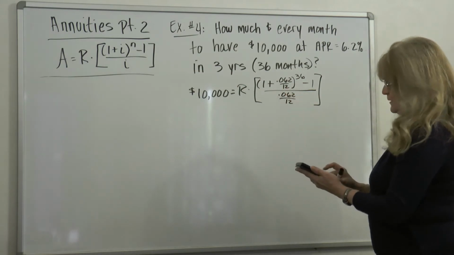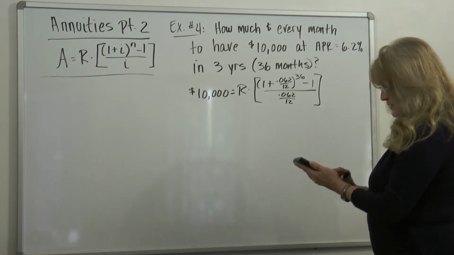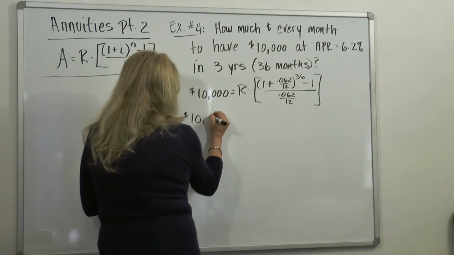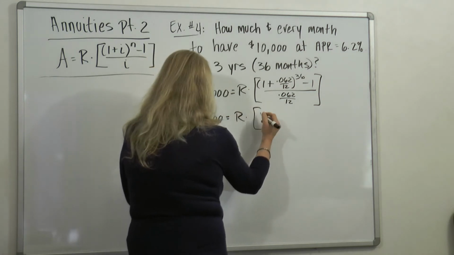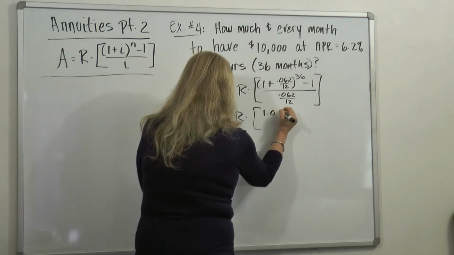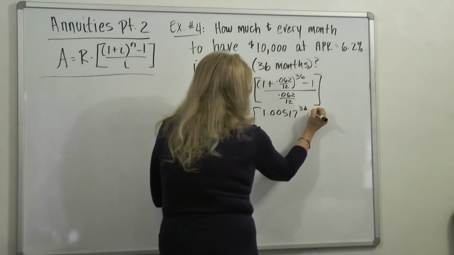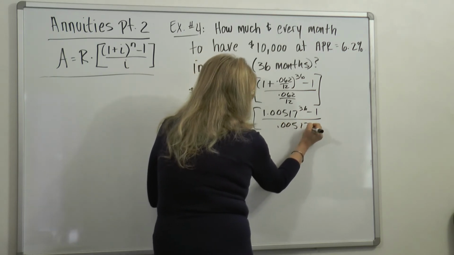I'm going to start here. 0.062 divided by 12 equals, plus 1 equals. Right, so you have your 10,000 equals R times 1.00517 to the 36 minus 1 over 0.00517.